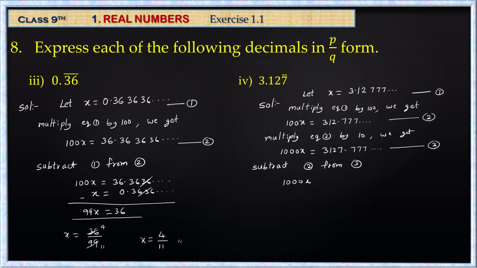1000x is equal to 3127.77 and equation 2 is 100x is equal to 312.777 and so on. Now the decimal part will be cancelled. 7 minus 2 is 5, 2 minus 1 is 1, and the 31 minus 3 is 28. Here 1000x minus 100x is 900x.